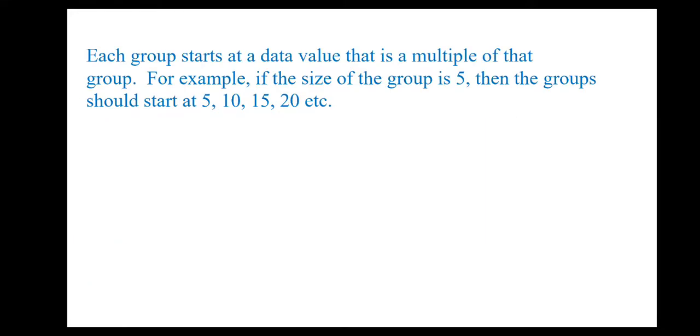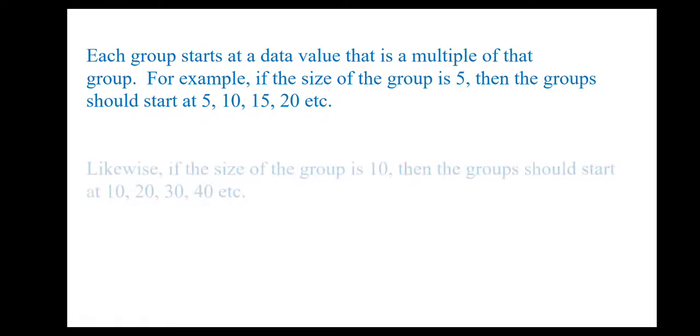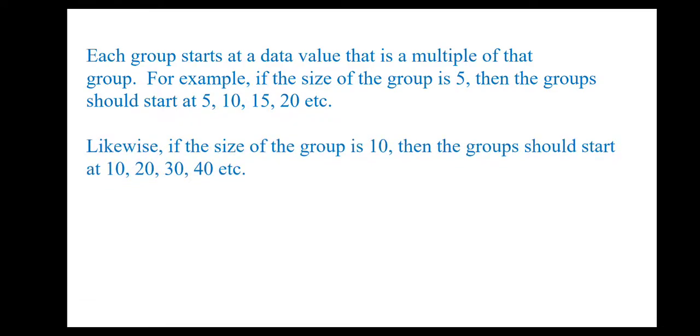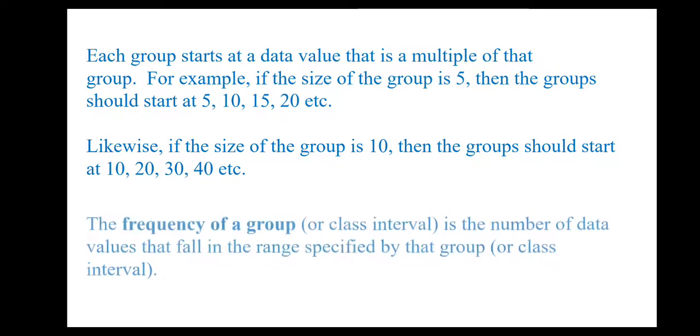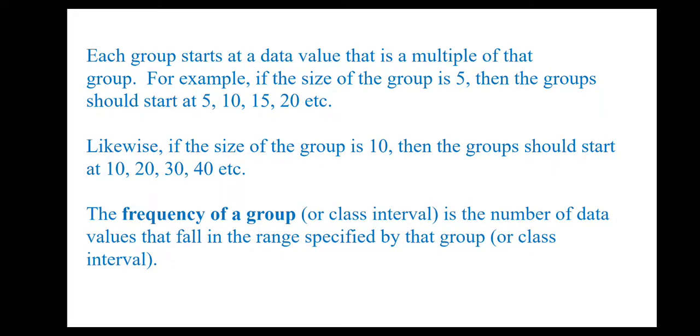The length of the class interval, or size of the class interval, can be 5, 10, 15, 20, etc. Likewise, if the group size is 10, then the groups should start with 10, 20, 30, 40, 50, etc. This is another way. The frequency of a group or class interval is the number of data values that fall in the range specified by that group or class interval.